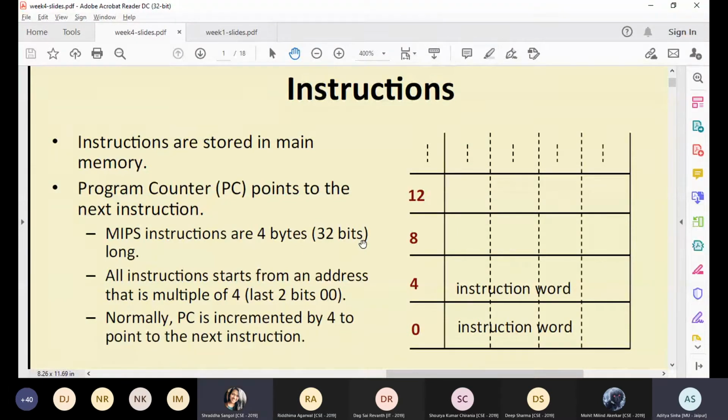Word addressable. What is the major difference between word and byte addressable? In word addressable, the entire 32 bits is addressed, and in byte addressable, as depicted this way, every fourth byte address is 0, 4, 8, 12 and so on.